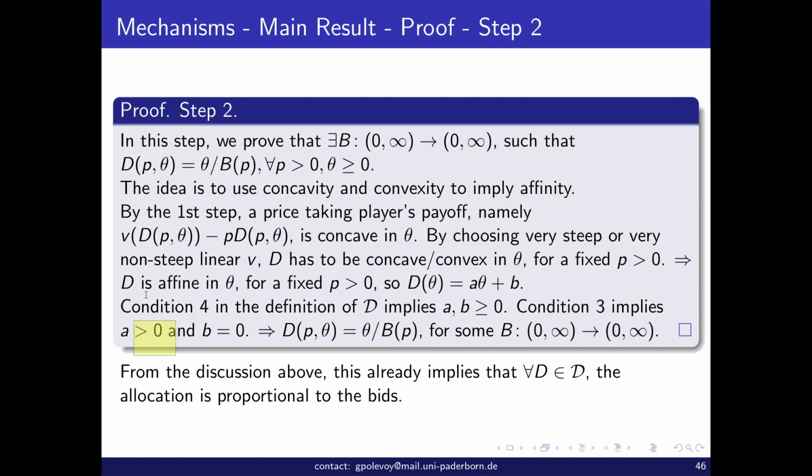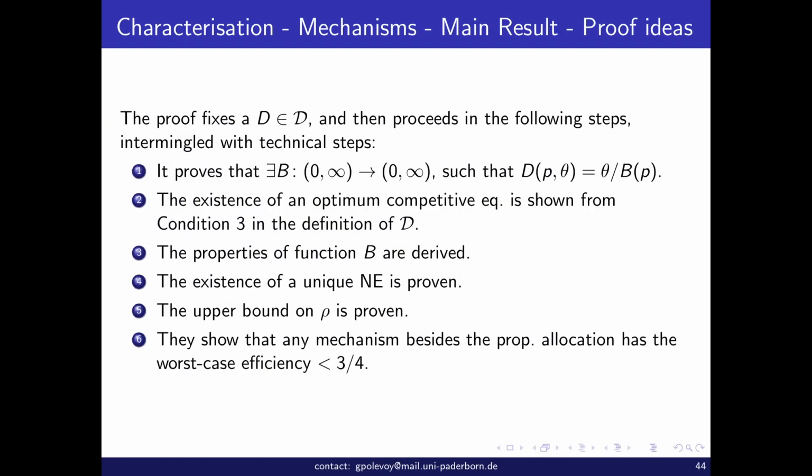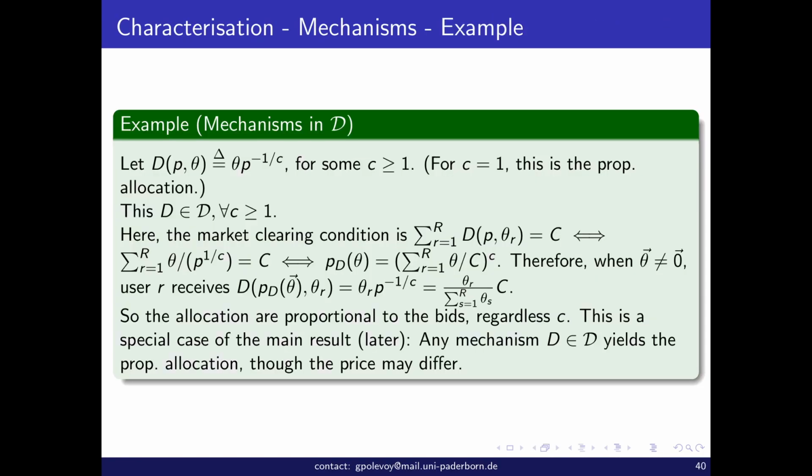You simply look at those conditions 4 and 3 in the definition of calligraphic D, the set of mechanisms. I don't have space to show it here, but I can quickly go back there.